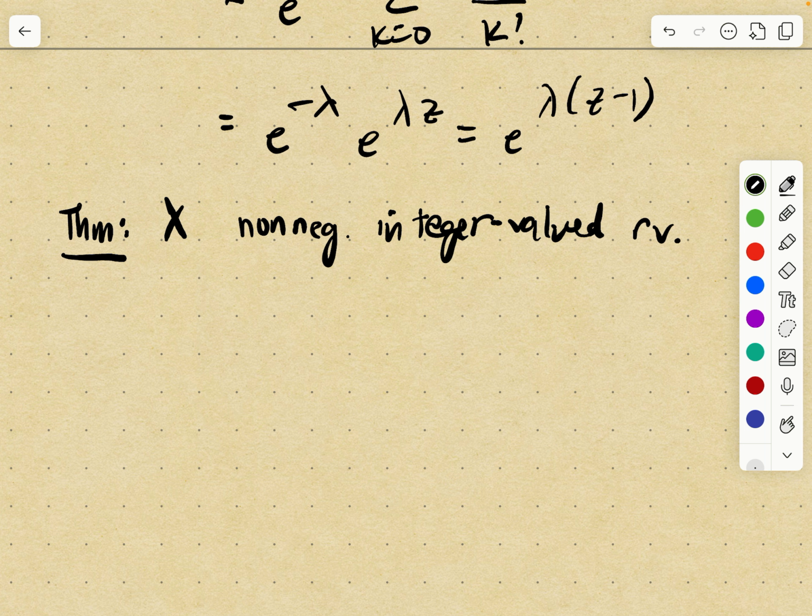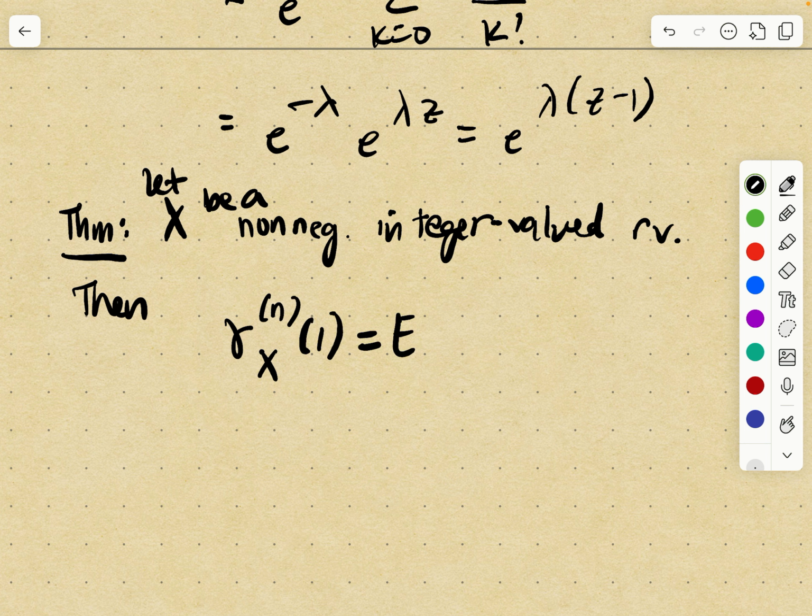And the theorem says that if you take the generating function and then take the nth derivative and then plug in 1, you get the expectation of x times x minus 1 all the way to x minus n plus 1.